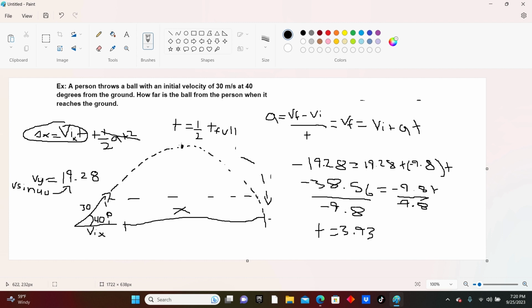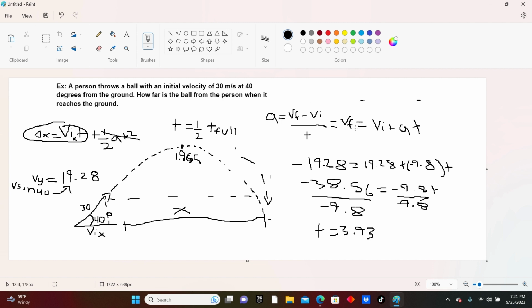So at the highest point, the ball would have a time of 1.965 seconds to reach there, because it's simply 3.93 divided by 2. You can use this information by saying that at the top, the vertical final velocity is 0.